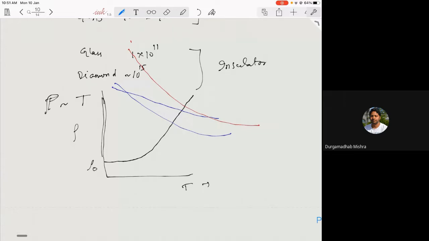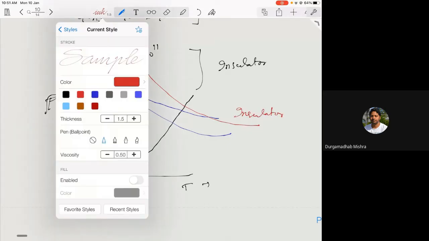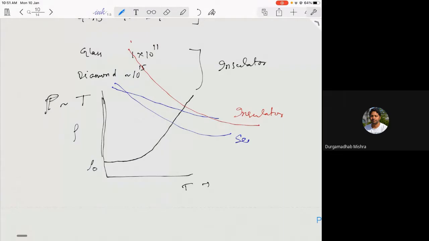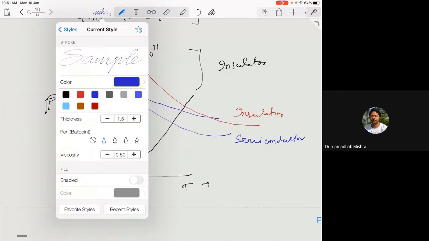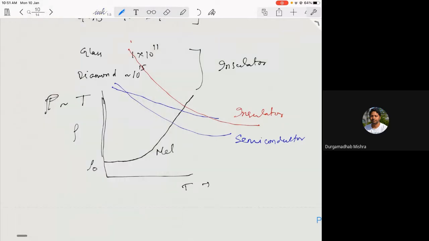So this is your insulator, this is your semiconductor, and this is your metal. From the temperature dependence of the resistivity, you can find out which one is which material. In absolute terms it may sometimes be difficult, but the slopes are different when you measure the resistivity as a function of temperature for metal, semiconductor, and insulator. We'll discuss a little more in the next class about this.